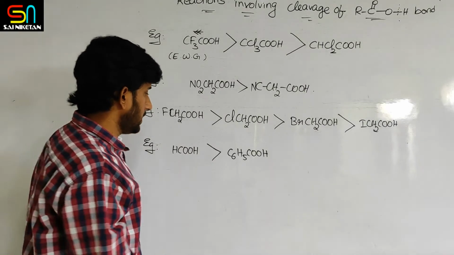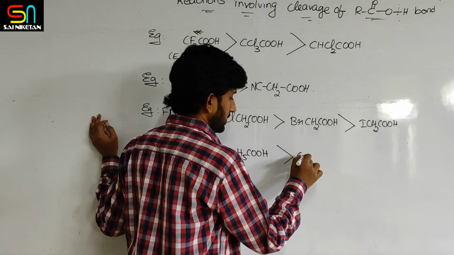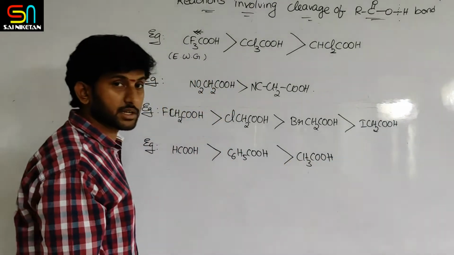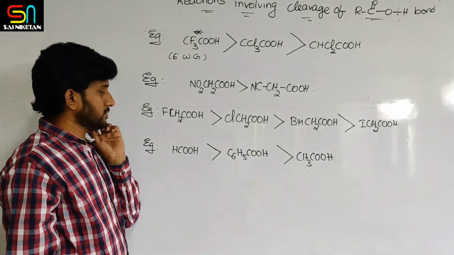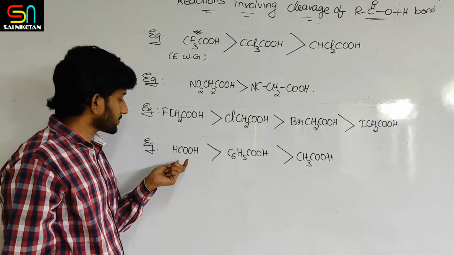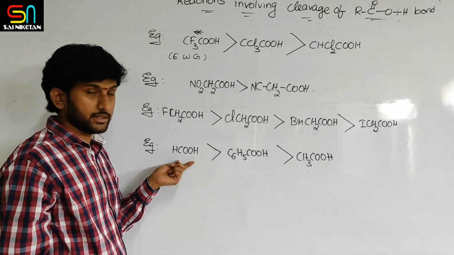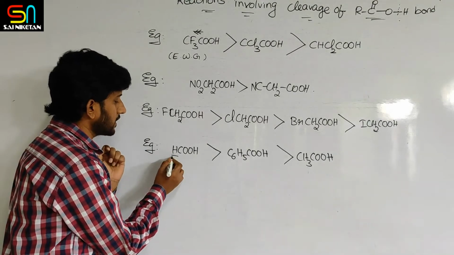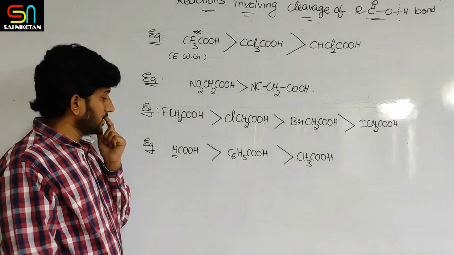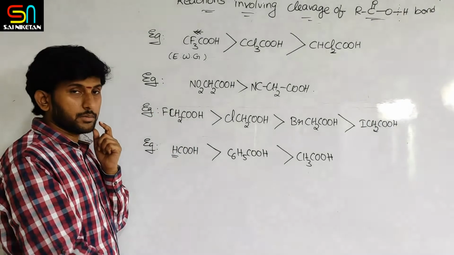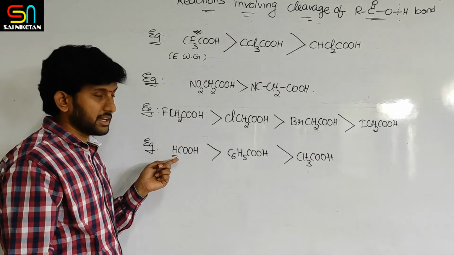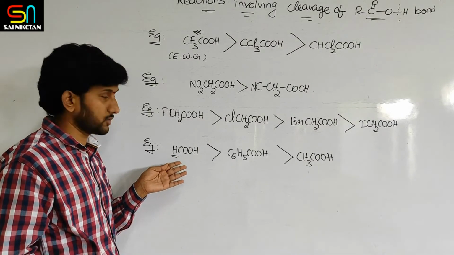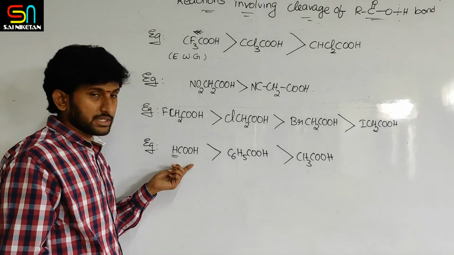And benzoic acid is more acidic than normal acetic acid. So what is happening here? In formic acid, there is no electron releasing or electron withdrawing group. Directly the formate ion will be produced. The formate ion does not contain any electron releasing group or any electron withdrawing group. So this is more acidic than benzoic acid.